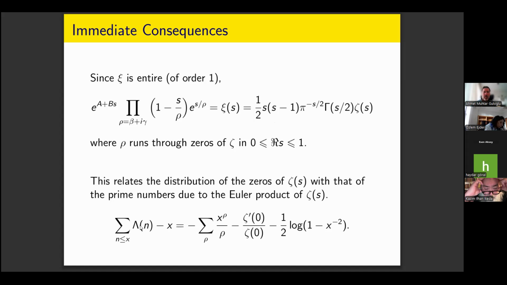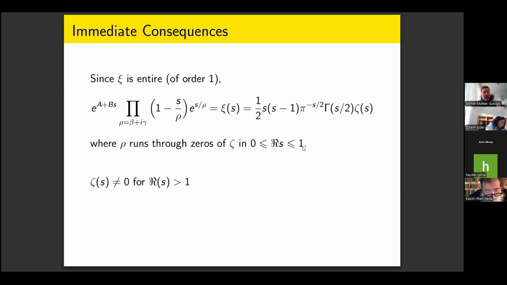This is leading us to the prime number theorem. Basically, this is almost saying that the weighted sum over the primes is asymptotic to x if you can show that the right-hand side is small. This is all because of this relation above. So that's one of the consequences you would get from this equation.